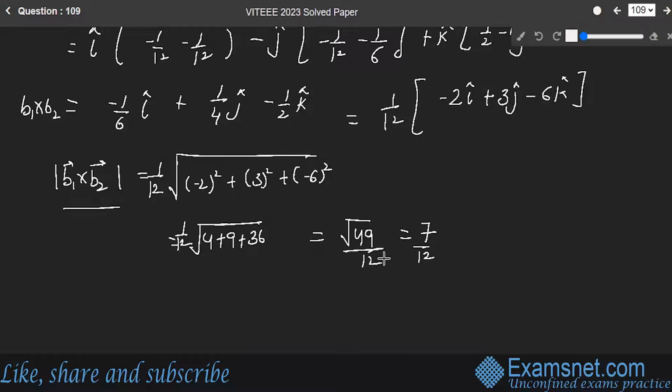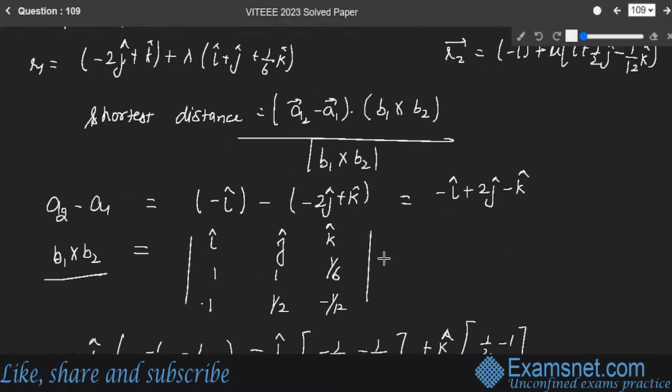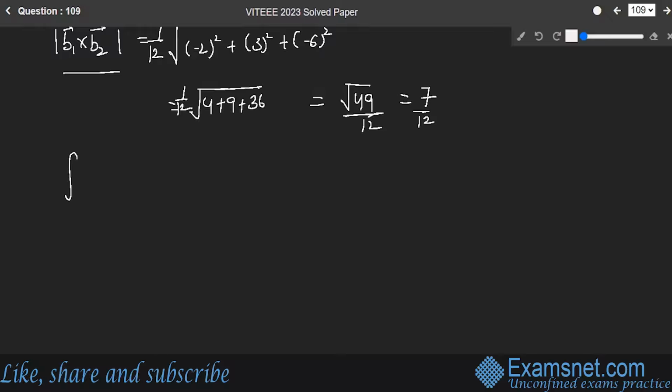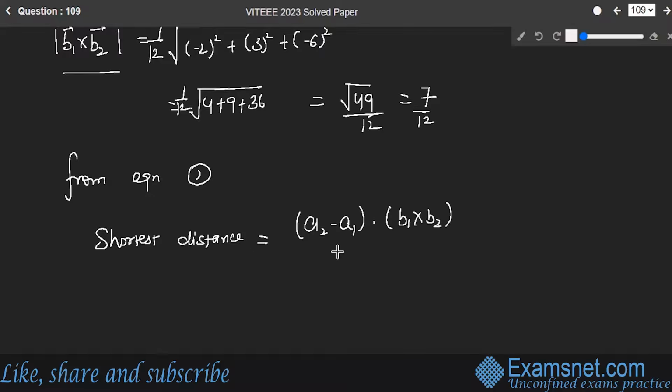Okay. So now let's fill in all the values in this given equation 1. From equation 1, shortest distance will be given by A2 minus A1 dot B1 cross B2 whole divided by mod of B1 cross B2 vector.